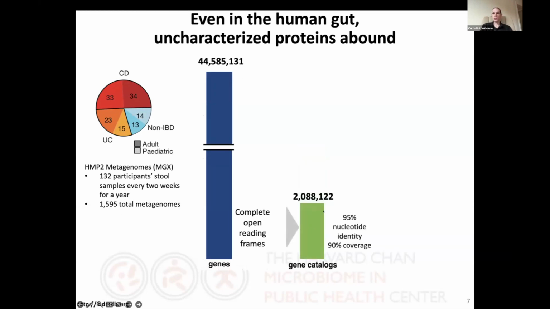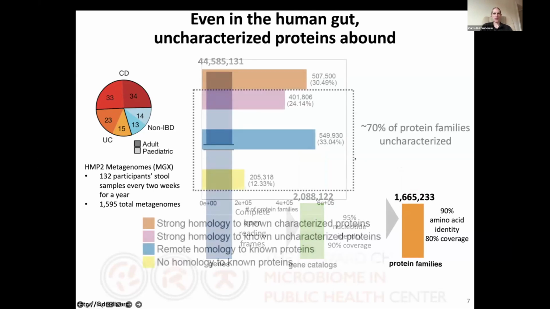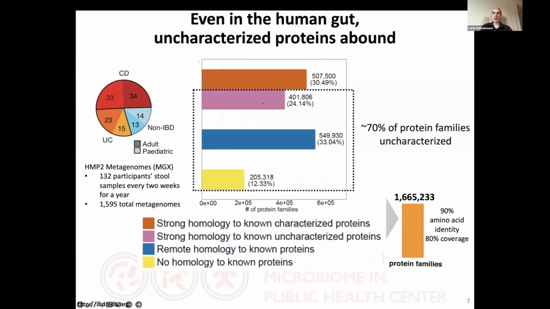These cluster down to just over 2 million nucleotide gene families and about 1.6 million protein families, the majority of which are uncharacterized, either because sometimes they have very high homology to proteins that are themselves known but uncharacterized, or they have only modest or very low homology to any previously observed proteins. And for these, we're using the entirety of UniProt as a reference.